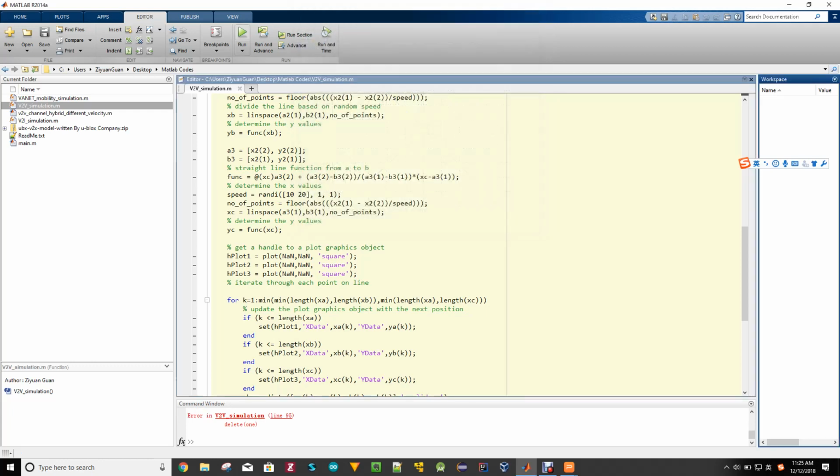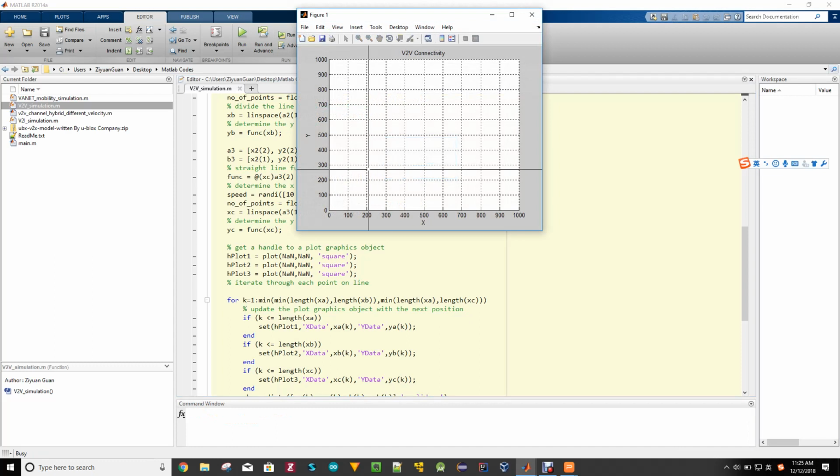And also, if we try a different situation like this, we could say more of them could communicate at the same time, not just one by one. Okay, in this situation, these 2 vehicles have communication.